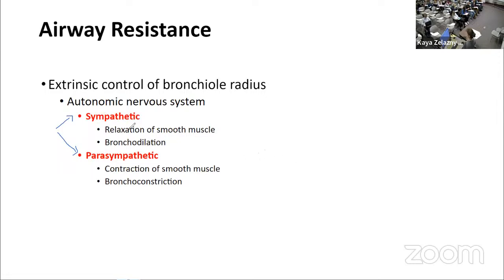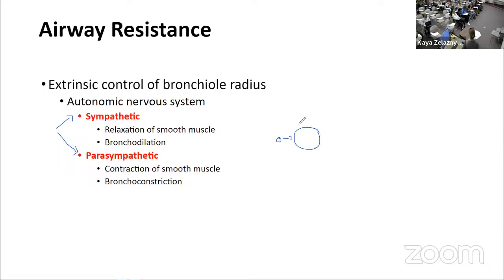Okay. So if we have our sympathetic nervous system active, our fight or flight, right? So fight or flight, you're running away from something, you want to breathe. You want to get lots and lots of air to fill the blood going to your muscles with nice juicy oxygen for them to use to get lots of ATP. So you want lots of air, which means you want to increase the radius of your airway.